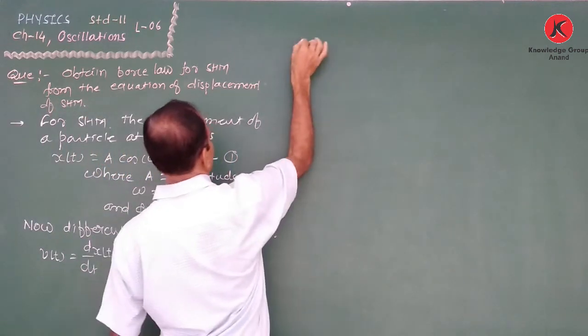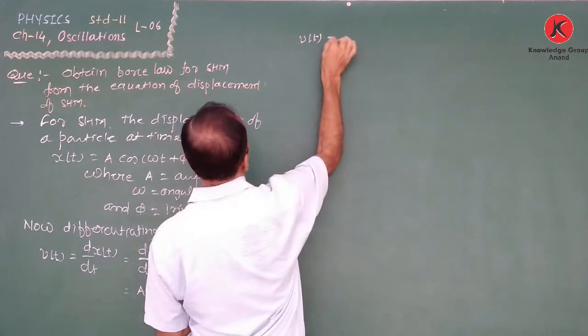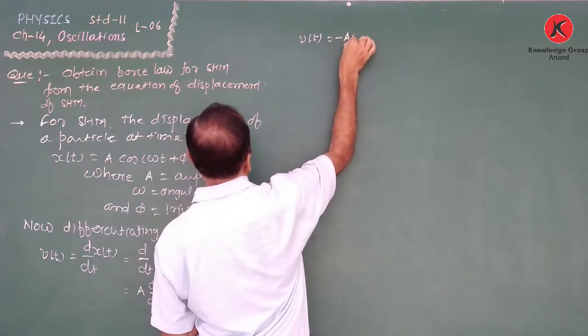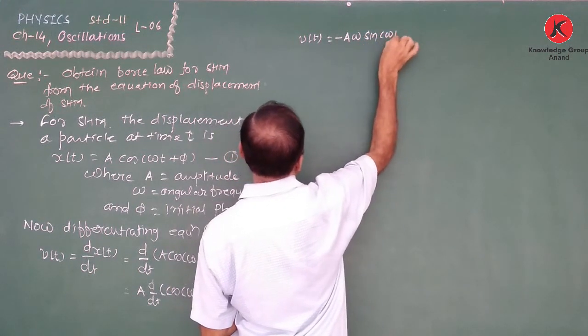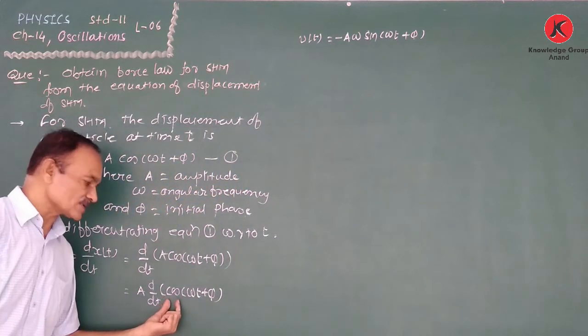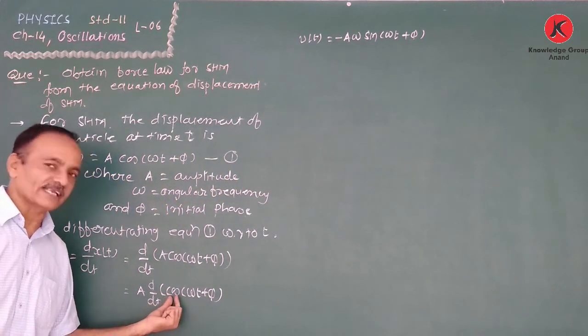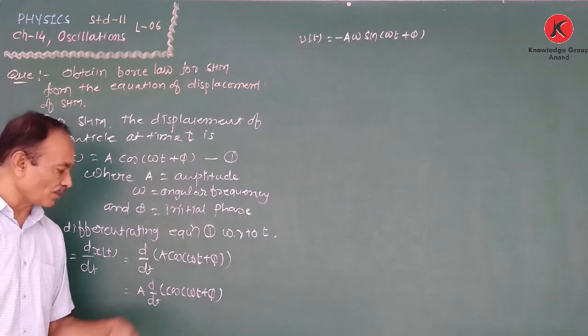Therefore, velocity at time t, v(t), is equal to minus A omega sin(omega t plus phi), because the derivative of cosine with respect to time gives minus sine, and the derivative of the bracket is omega.